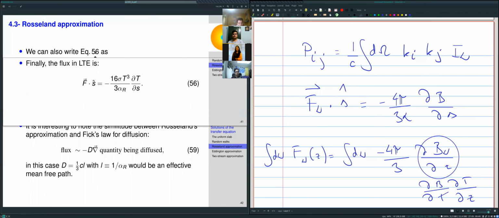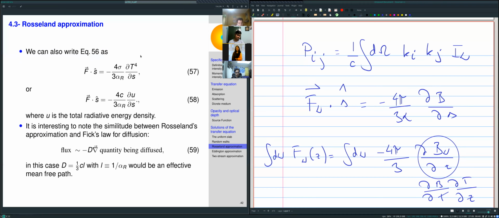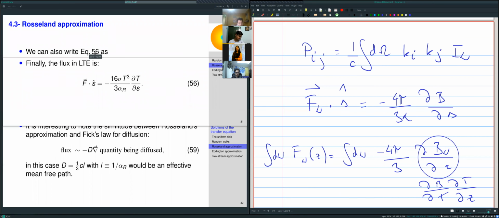So that's interesting. This is the equation we obtain. The radiative flux is given by this compact form, but we can put it in an even more interesting expression by noting that this is T cubed times dT.